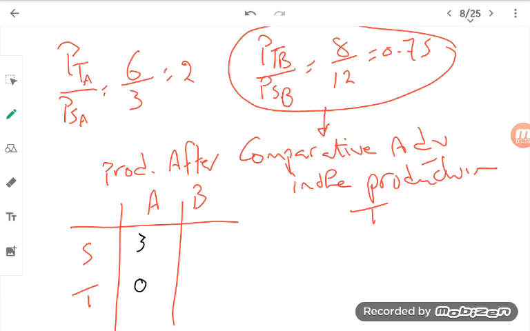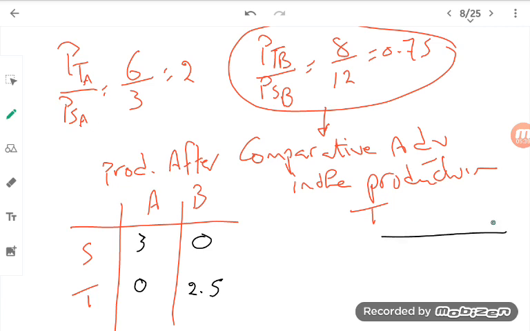With respect to country B, they are going to specialize in textile. Total number of hours is 20. They are going to produce 1 unit of textile in 8 hours. So they are going to produce 2.5 units and 0 soybeans.